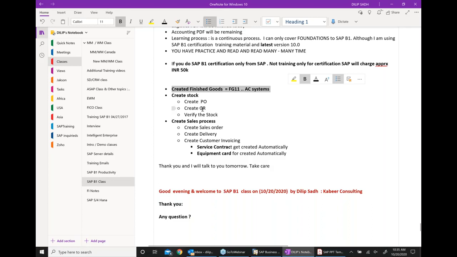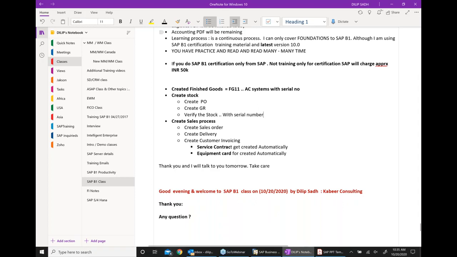What we did yesterday was that we created this material with a serial number. When we verified the stock, we verified it with the serial number, because when you're doing after-sales service, the serial number is one of the important parameters. A lot of people use serial numbers quite a lot in that situation.